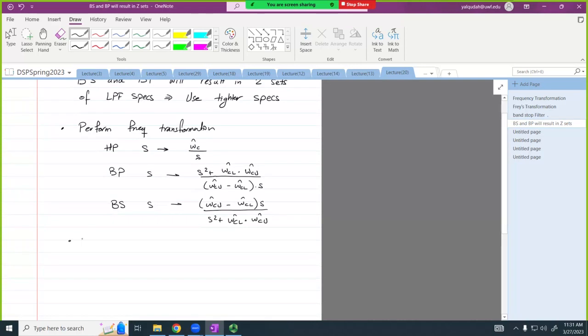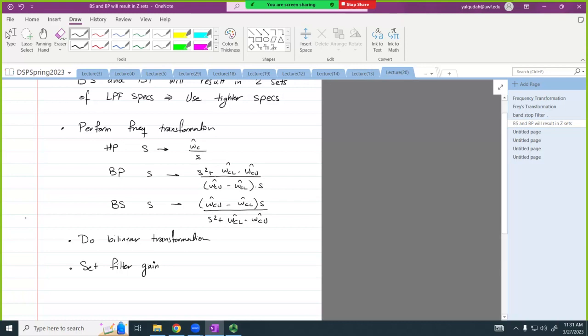The next step is we do bilinear transformation. And finally, we set the filter gain. What is the default filter gain if it is not specified? 1.